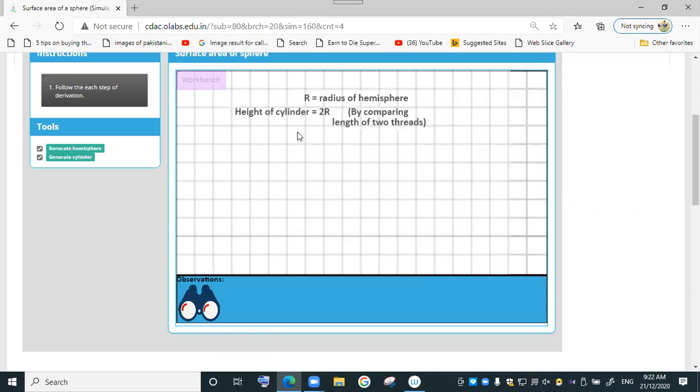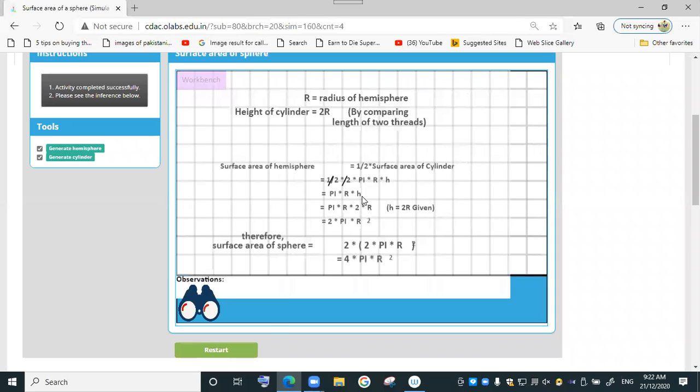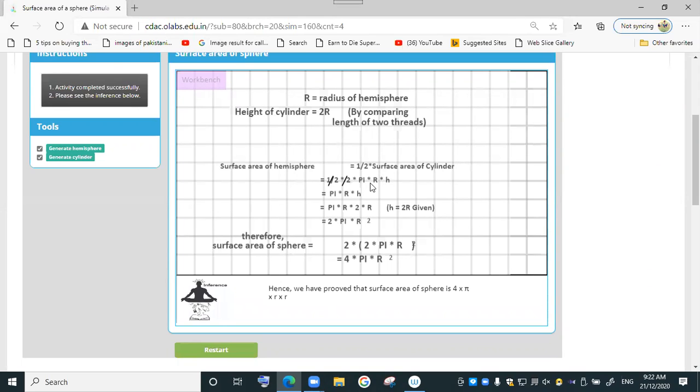The height of the cylinder is 2r, so the surface area of the hemisphere is equal to 1 by 2 the surface area of the cylinder. The surface area of the cylinder is 2 pi r h. So 1 by 2 of 2 pi r h. This is wrong, it is only 1 by 2 here. The 2 and 2 will cancel.